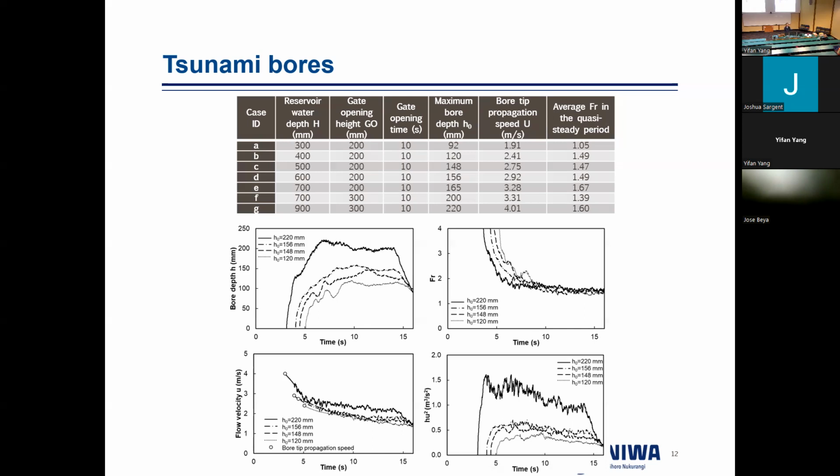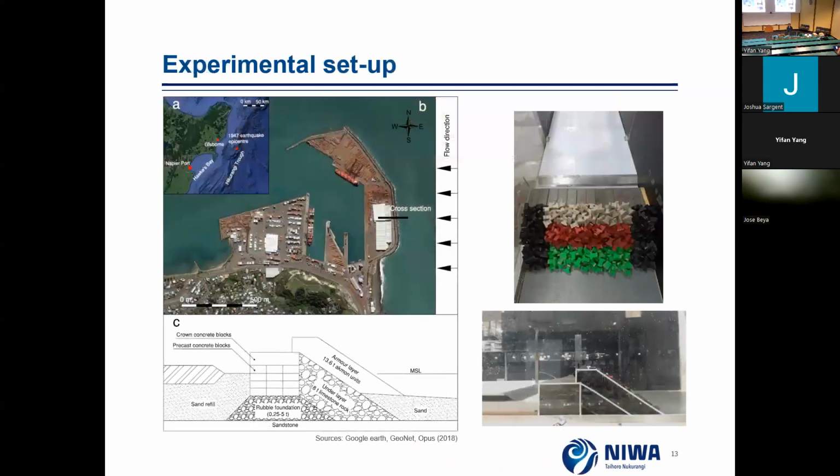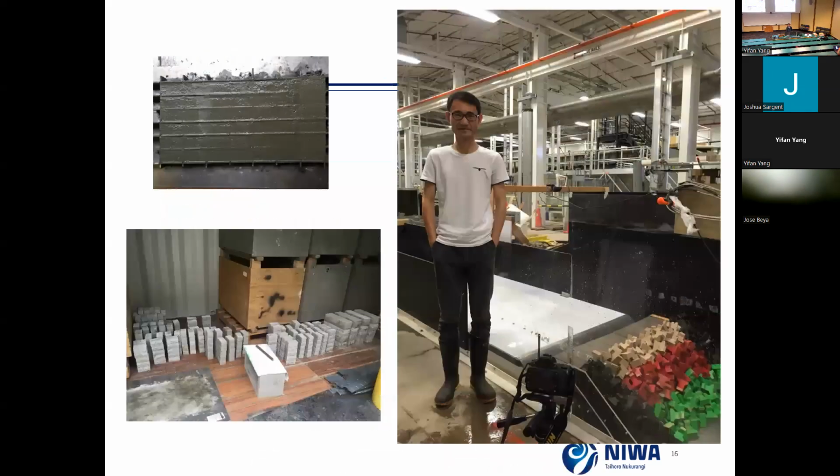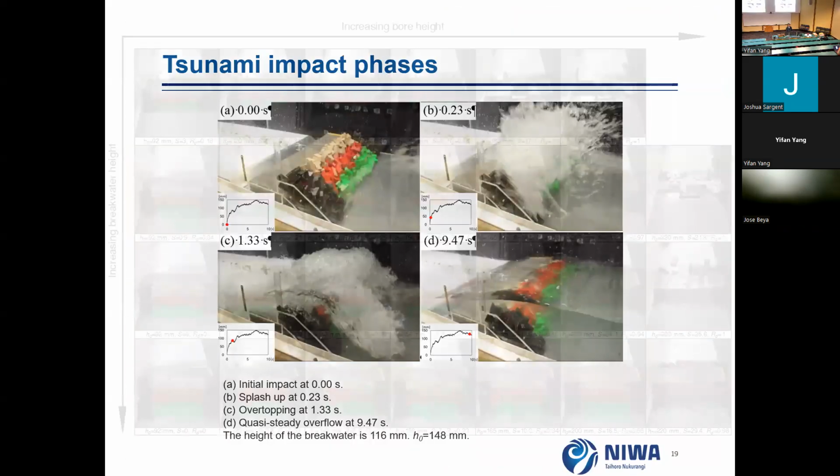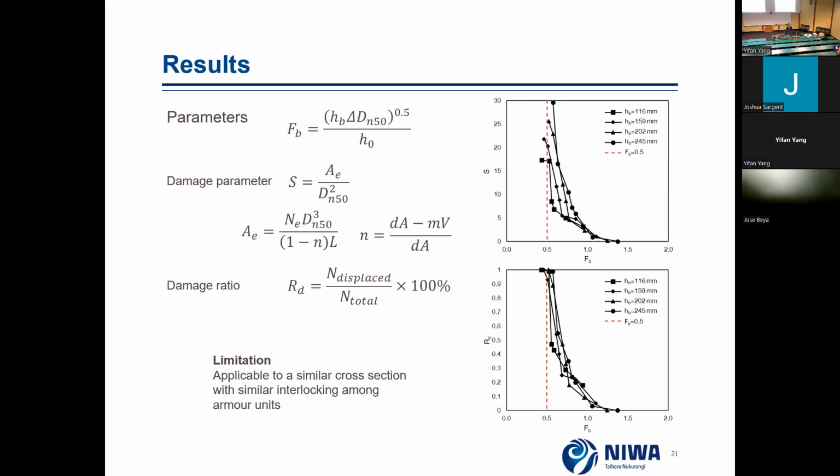Can you go to the damage ratio? The damage threshold. No, the damage ratio, the formula. So the displaced count is just the armor units. Yes, that's only the armor layer. If the armor unit is completely destroyed, there is no chance of it stopping anything. If the core remains and the armor completely erodes, do you take it as complete failure? Did you mean if the armor layer is eroded and you are still left with the core?